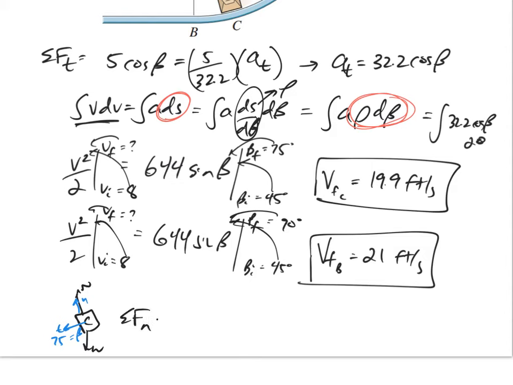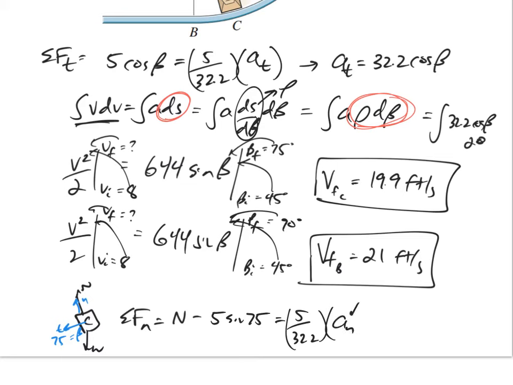And if I sum the forces in the normal direction, looking at the free body diagram, I would get N minus a portion of the weight, which is 5, times sine 75, equal to mass, 5 over 32.2, times acceleration in the normal direction.